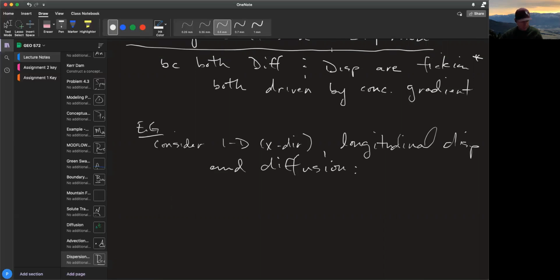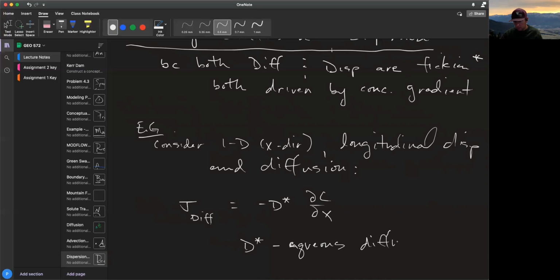Okay, so in this case, my diffusive flux, J diff, is equal to negative D star dC/dx, where D star is my aqueous diffusion coefficient.